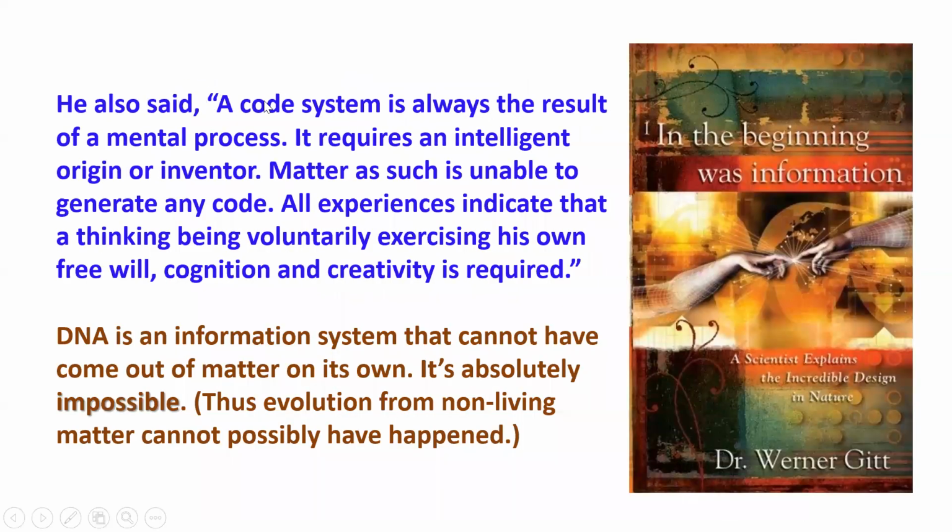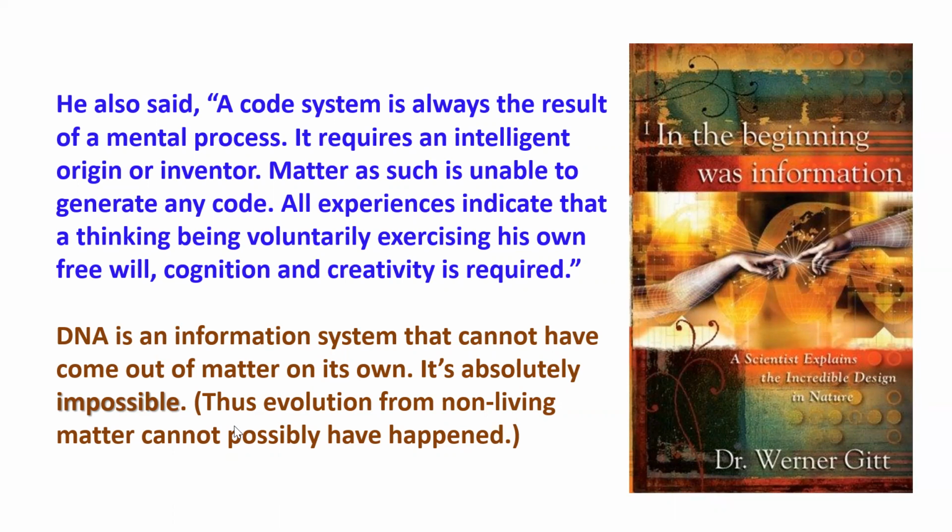So he also said, a code system is always the result of a mental process. Mental process, that means it needs an intelligent origin or inventor. Matter, non-living thing as such, is unable to generate any code. All experiences indicate that a thinking being voluntarily exercising his own free will, cognition, right, the ability to think and reason and creativity is required.